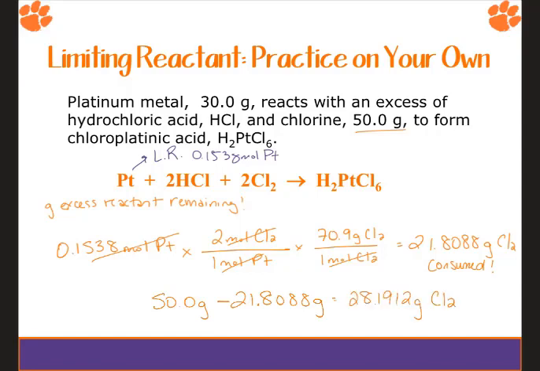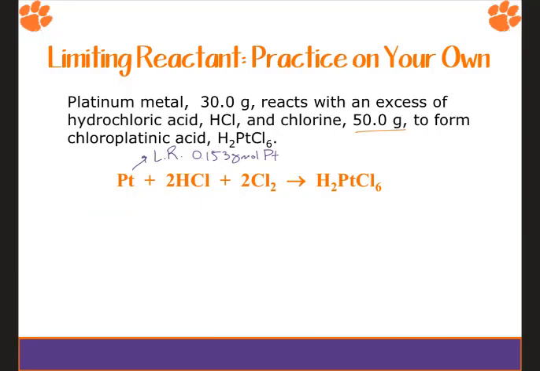So 50 minus 21.8 and some change gives us 28.1912 grams of chlorine remaining. We're going to round this to 1 decimal place. This becomes 28.2 grams of Cl2 remaining at the end of the reaction.